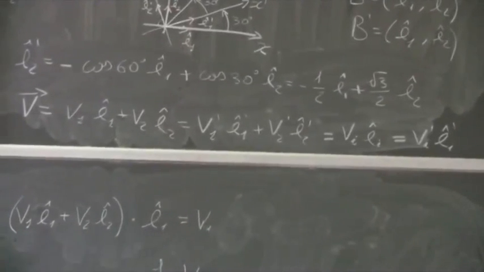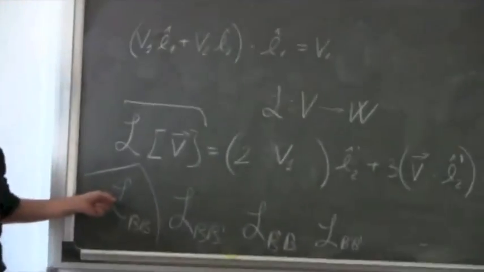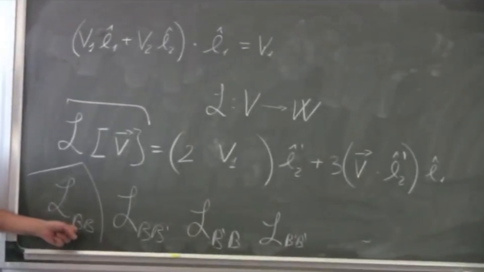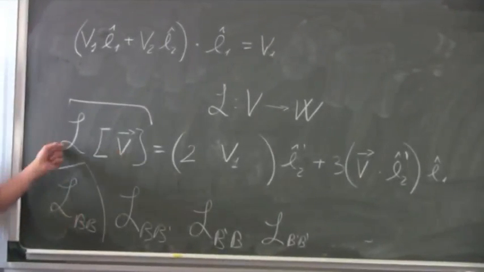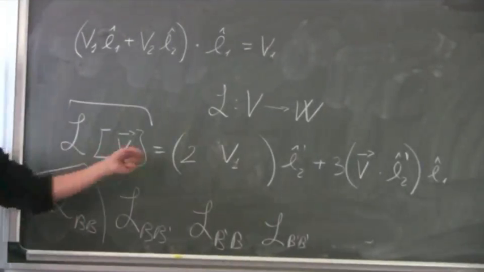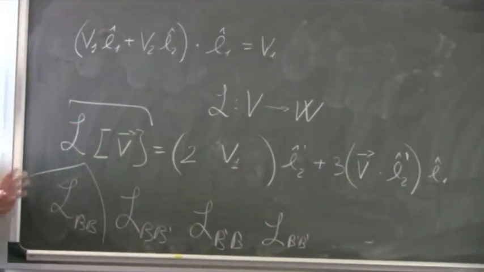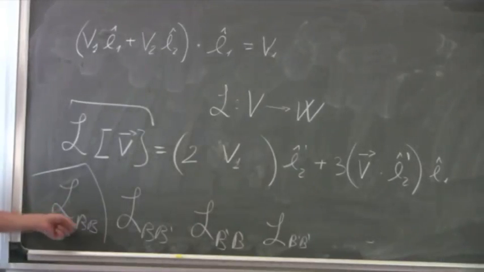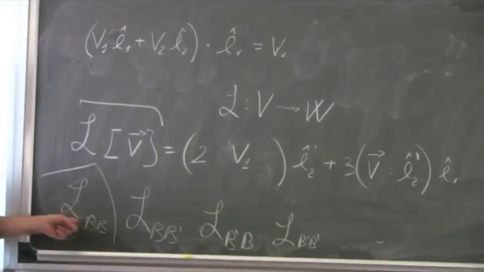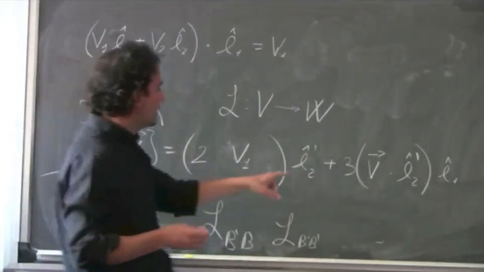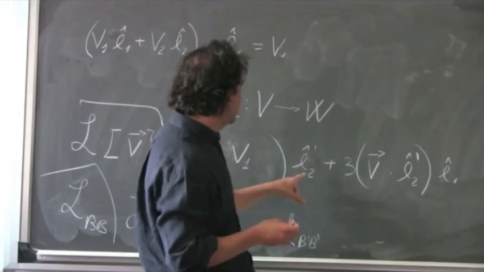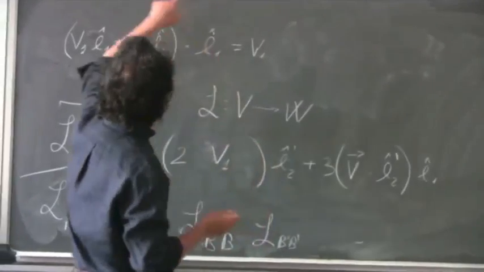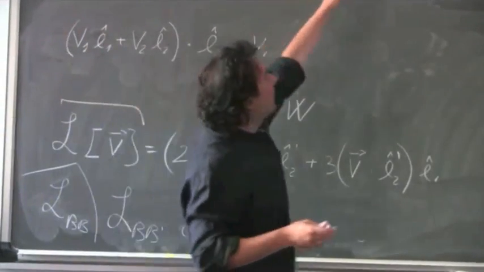But if we need this representation of the linear application, we need to see this vector and the external vector L of V, both with respect to the basis B. So it is convenient now to express E2 prime with respect to E1 and E2.